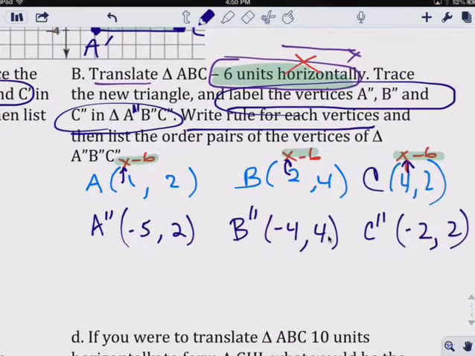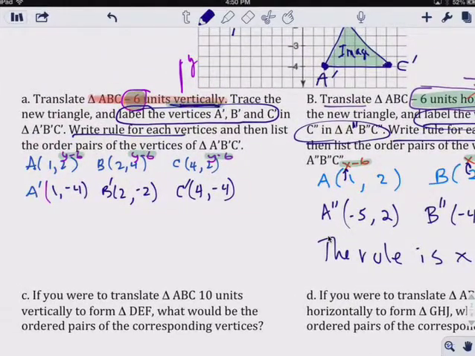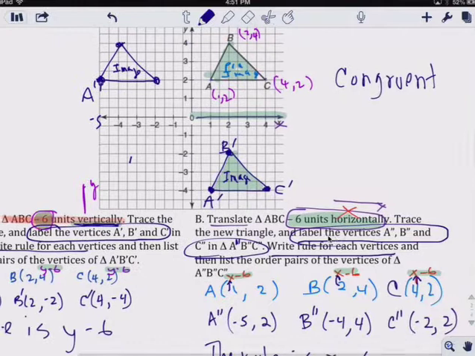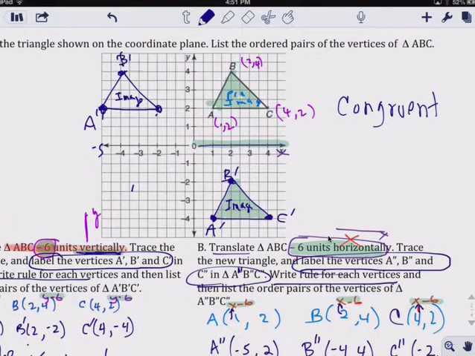So basically the rule is x minus 6. The rule here, because it's vertical, is y minus 6. Okay, B double prime, it's right here. I got distracted, sorry. C double prime there.